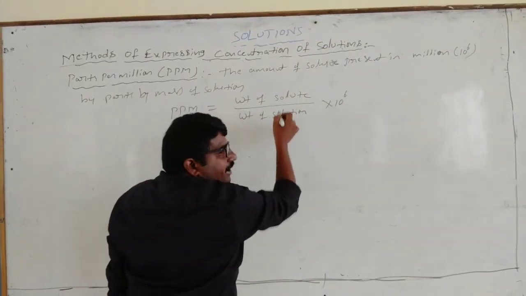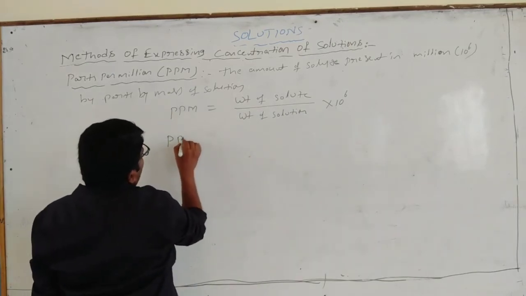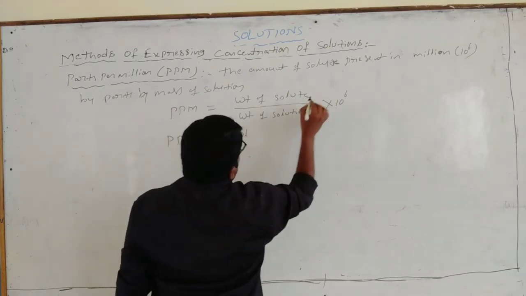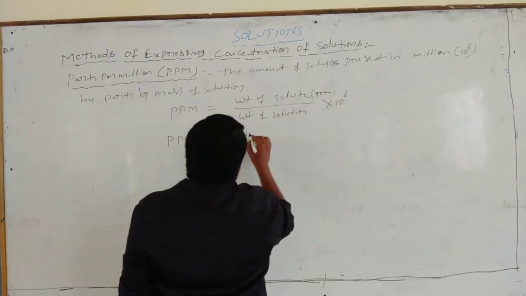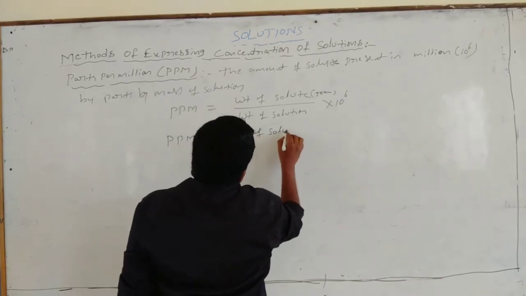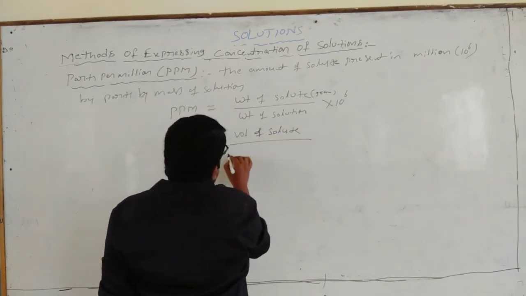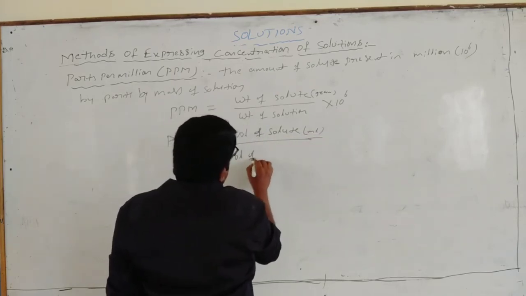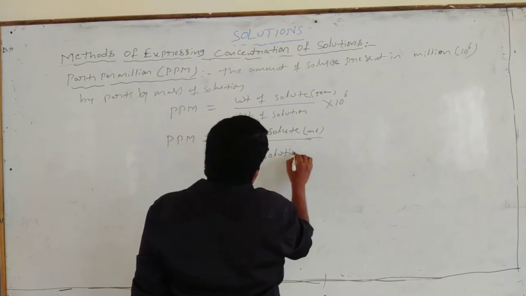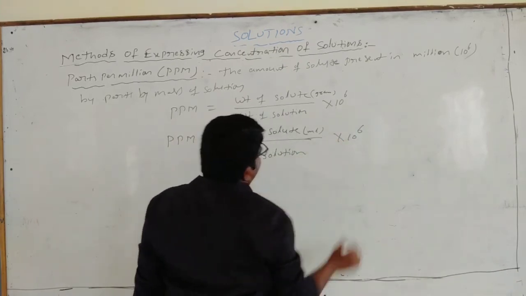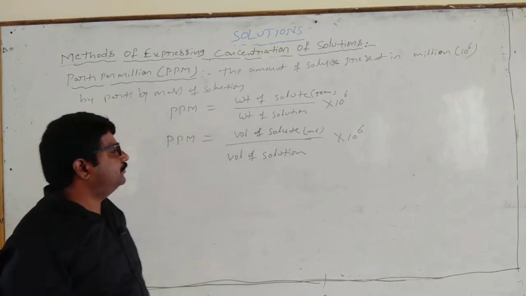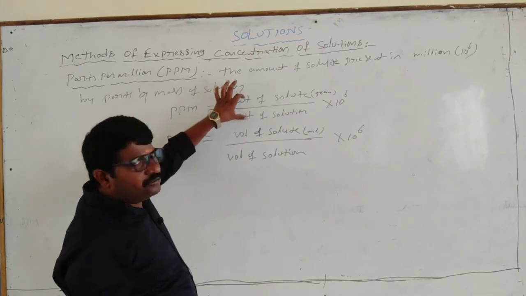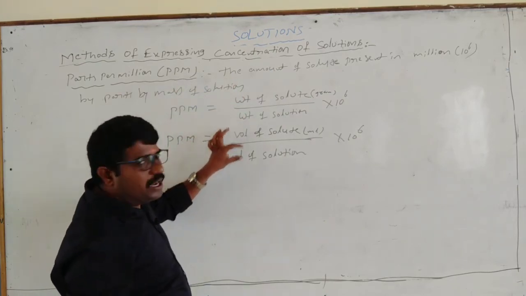It is weight and weight related. In terms of volume, ppm is equal to volume of solute in ml by volume of solution into 10 to the power of 6.